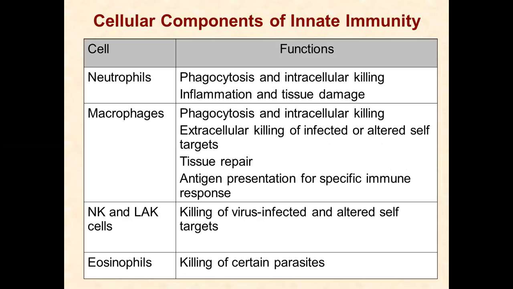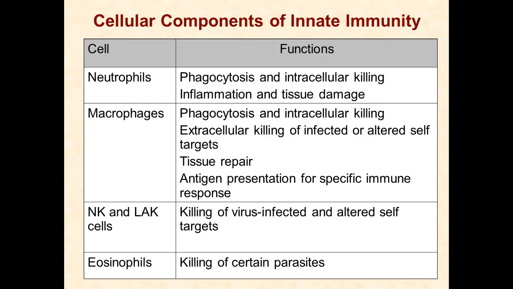If bacteria or virus overcome the barrier of skin or mucosa and enter the bloodstream or tissues, the next line of defense is some cellular components of innate immunity, mostly the neutrophils, which have phagocytic properties and participate in inflammation, macrophages, which are also phagocytes, and they're also able to kill extracellularly infected or altered target cells.